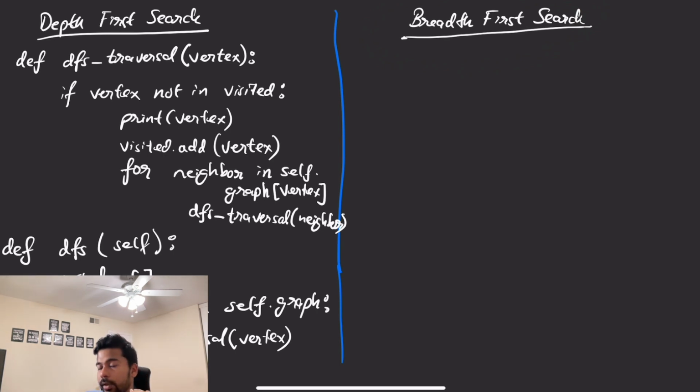But now we have the problem of how do we keep track of what to do next? Because the recursion is just so nice that we schedule all the stuff onto the recursion stack, and the stack keeps track of what to do next, right?